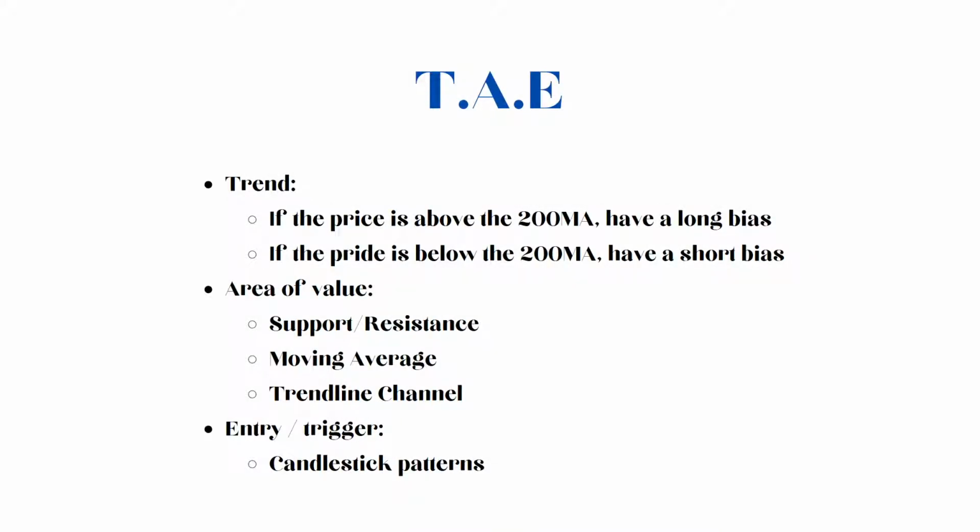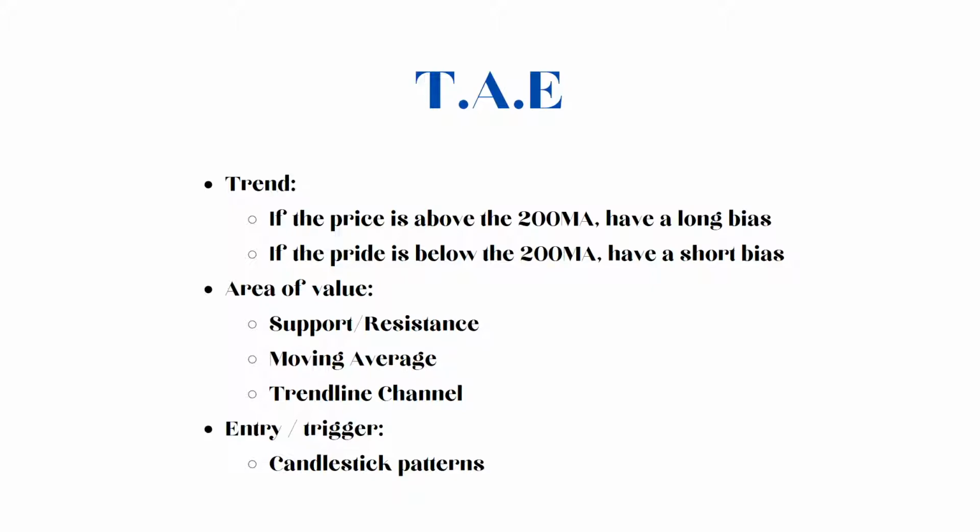So as you know, the full form of TAE is: T stands for trend, A stands for area, and E stands for entry. The question is how these candlestick patterns fit into this framework. The candlestick pattern is used to get an entry into a trade.